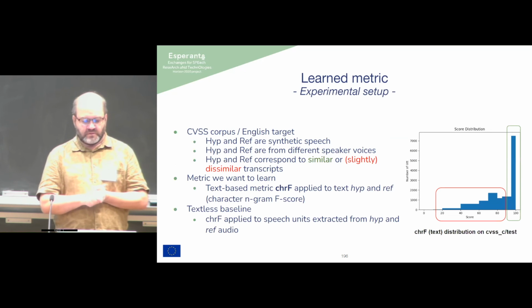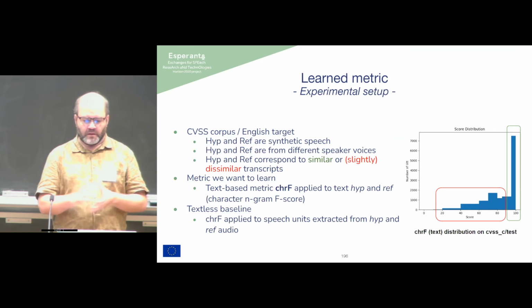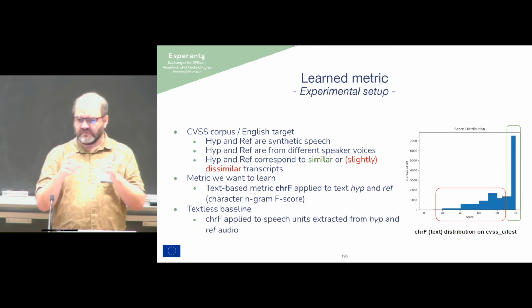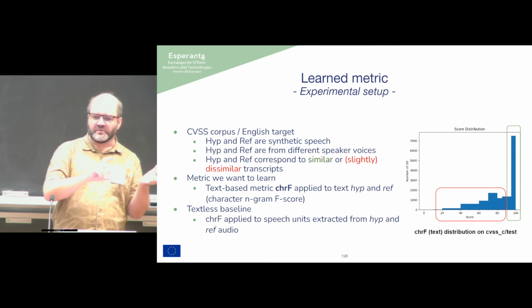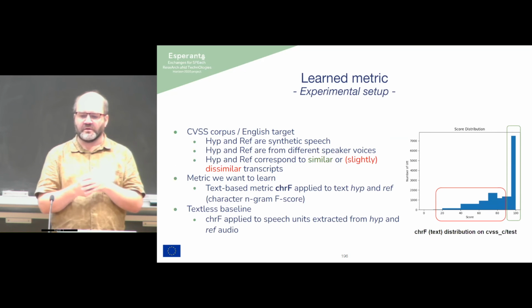So we had an experimental setup with synthetic speech coming from CVSS, where the synthetic speech was transformed to create new speakers from them and to change the contents a little, messing with the embeddings. So that's slightly dissimilar transcripts.